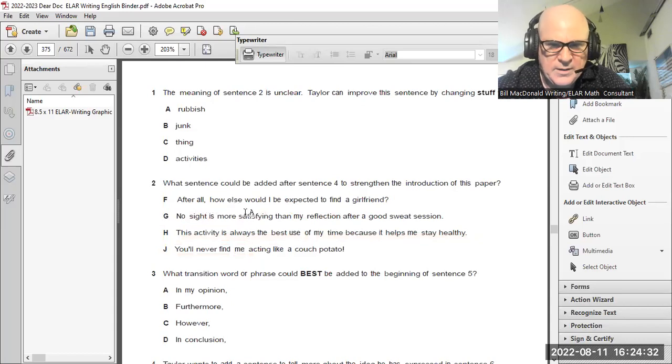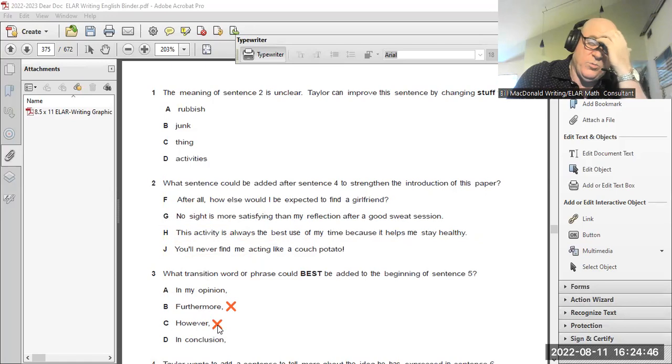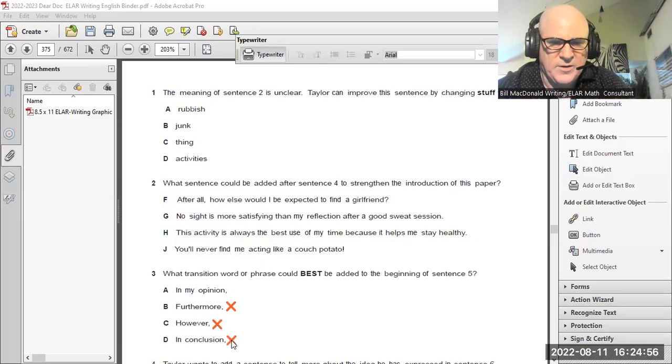So as you can see here, in my opinion, that's true. Furthermore is not good because you're barely starting the paragraph. However, the opposite statement, no, because we're saying I like to work out, then you say how you like to work out, and that you say there's nothing better than that. And in conclusion wouldn't fit because you're barely starting the idea.